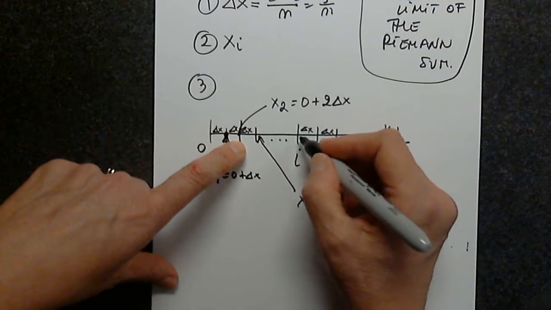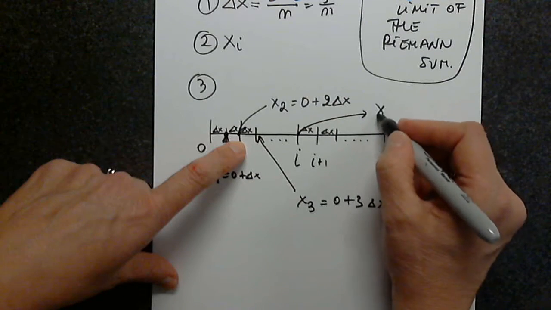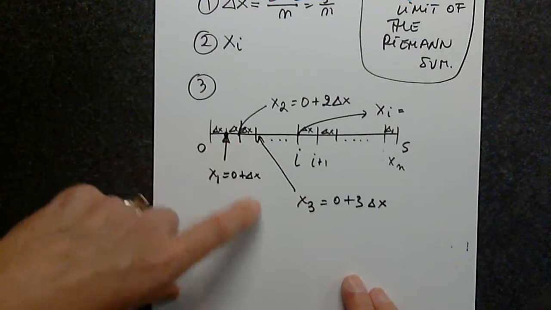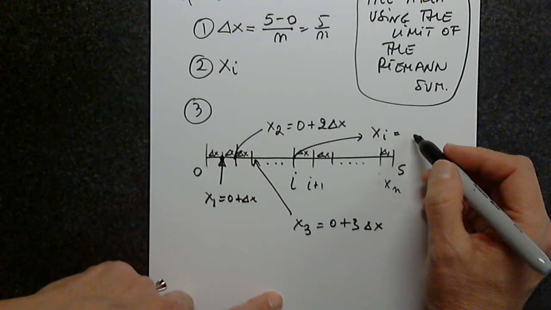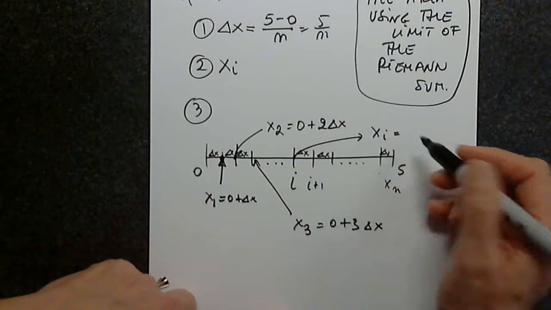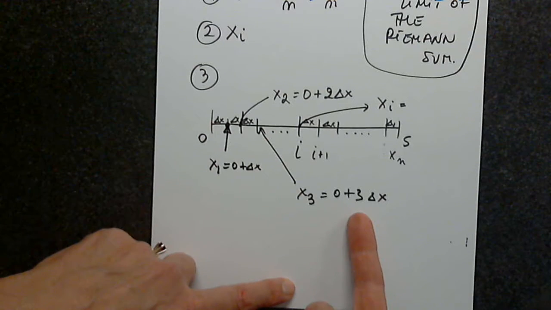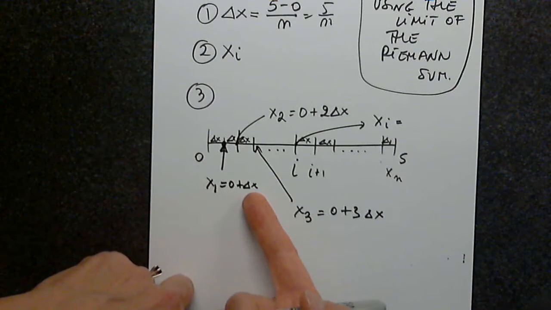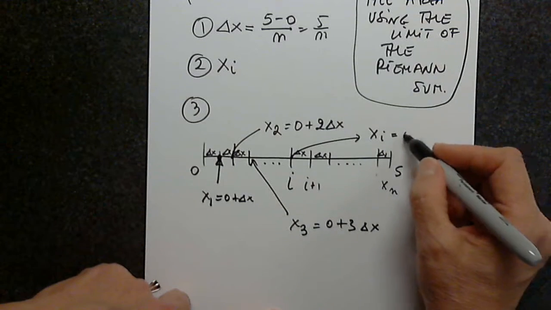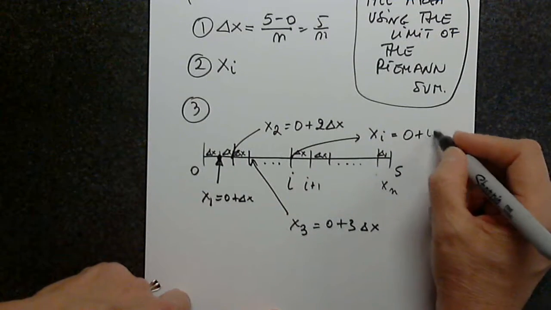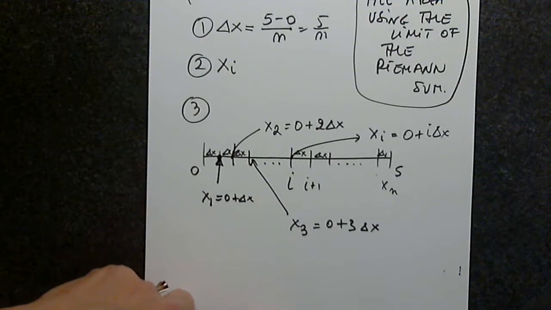So finally, can anyone give us xi? Very simple, right? This is 3, this is 3. If this is 1, this is 1. This is 2, this is 2. So xi must be 0 plus, of course, i delta x.